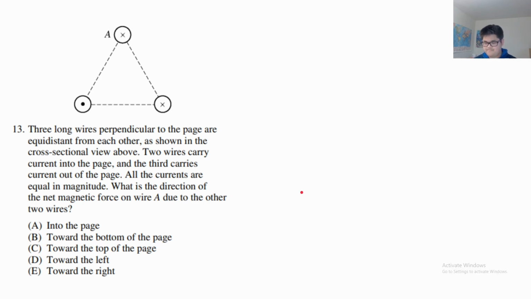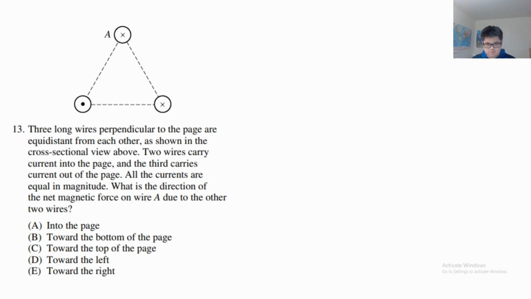Alright, so now this requires you to understand the right-hand rule. There are actually two right-hand rules to magnetic force and two magnetic fields and their magnetic force.